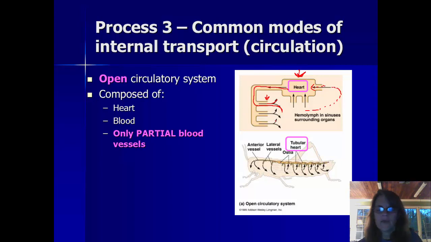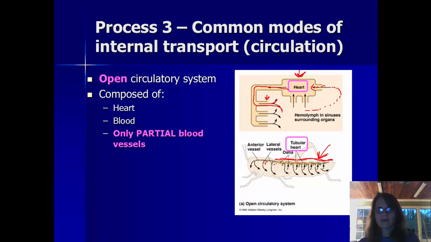Okay, we can see this open circulatory system is how it might really look in a grasshopper or a crayfish. Arthropods have this open circulatory system where this whole long thing is this long heart, kind of a hollow tube that contracts.